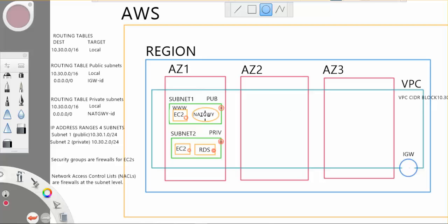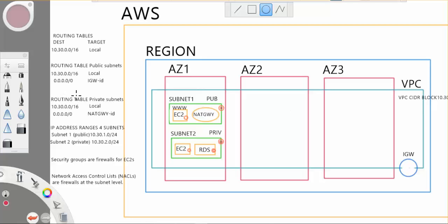So if this one needs to get some updates, say this is the Ubuntu web server, the Ubuntu Linux distribution, it would go out through the NAT gateway, and then through the Internet gateway, and go to wherever the Ubuntu updates are being stored.